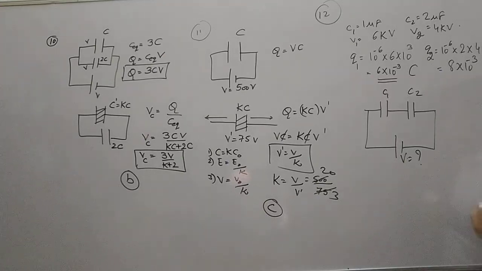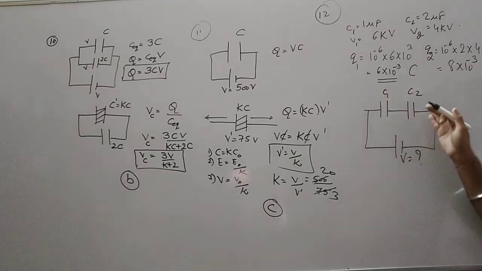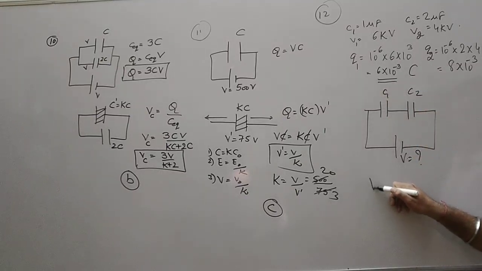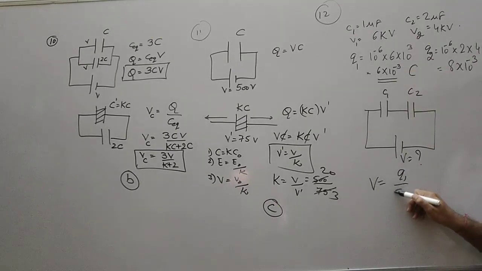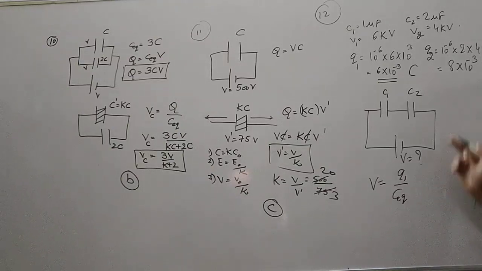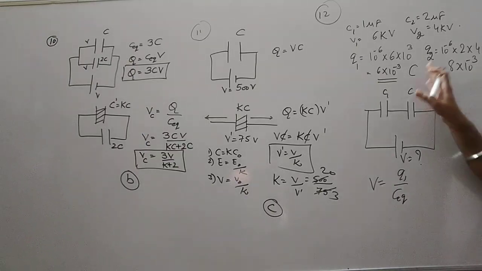Now I apply the formula. It is a series combination. So I can take V equal to the smaller charge divided by C equivalent, because they are connected in series.